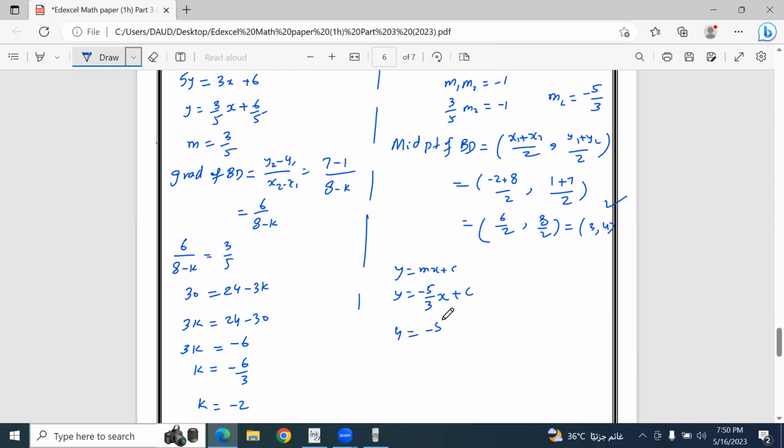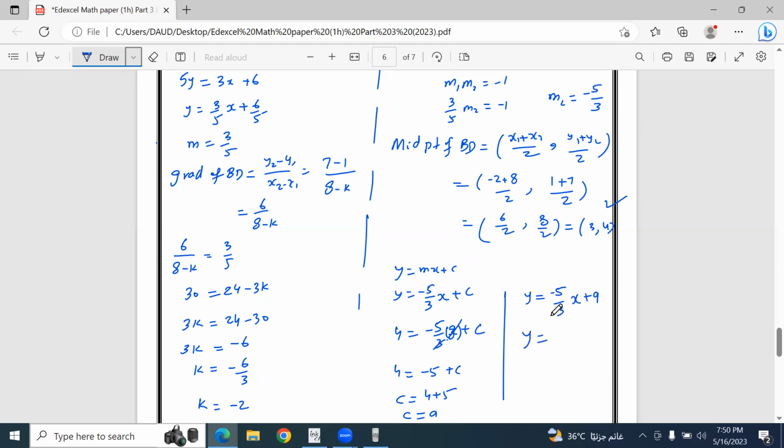So 4 is equal to minus 5 over 3 x plus c, sorry, x is 3. And we are looking for c. Cancel 3 and 3. So 4 is equal to minus 5 plus c. So c is 4 plus 5, which gives us 9. So the required equation is y is equal to minus 5 over 3 x plus 9.